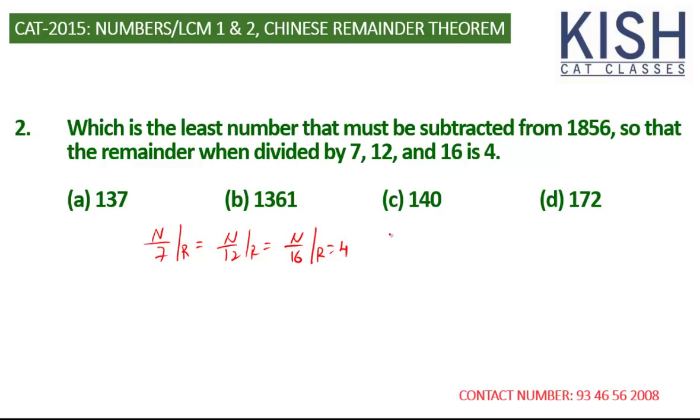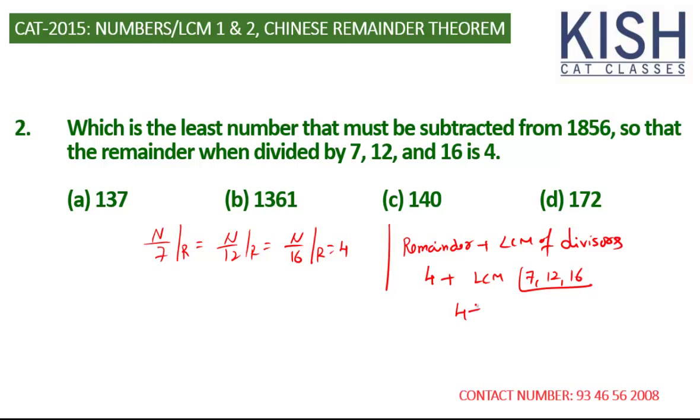The number is the remainder plus LCM of divisors, as we have learned. Here the remainder is 4, and we need to find the LCM of 7, 12 and 16. So that's going to be the 4 plus 336k format.